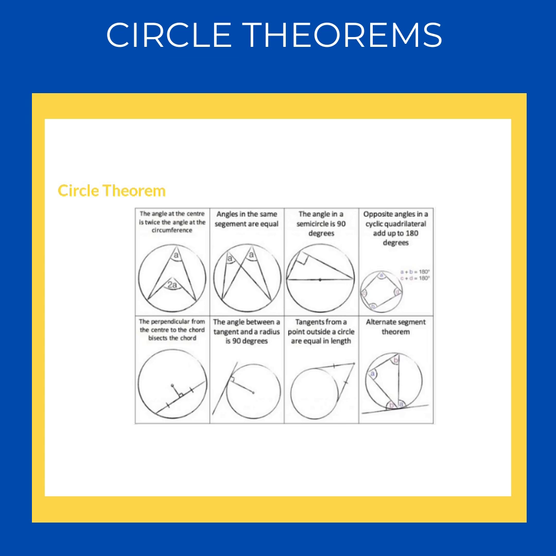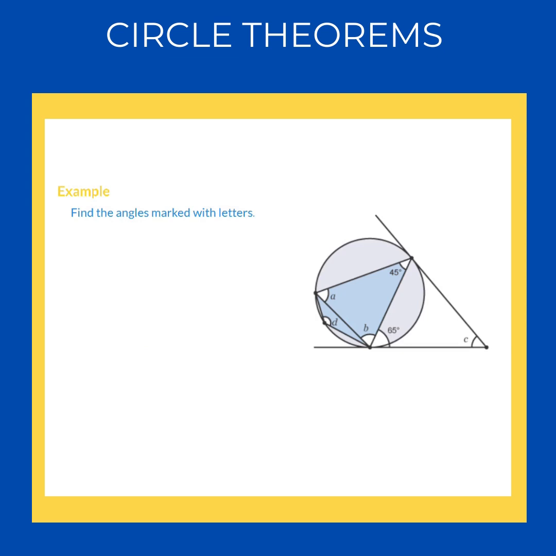Now let's have an example to illustrate these theorems. In this example, it says find the angles marked with letters. So I have A, B, D, and C. So I have four angles and we need to find the value of these angles.